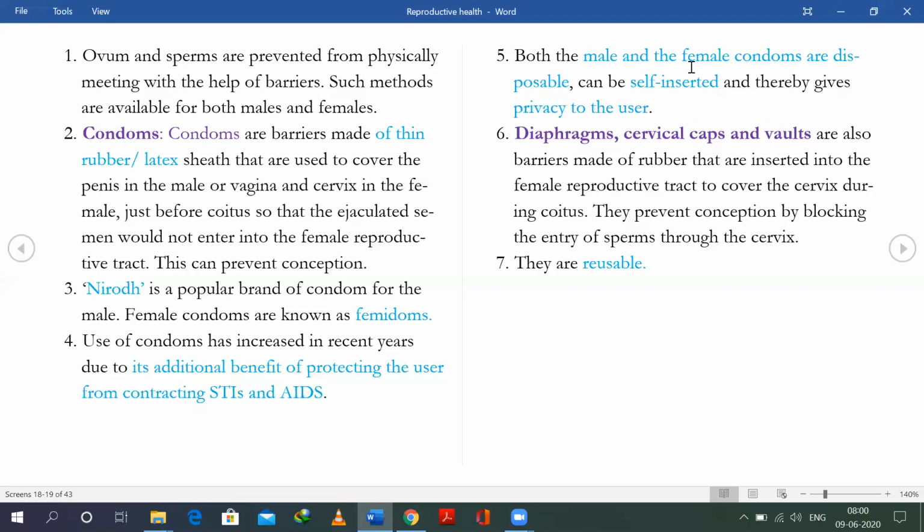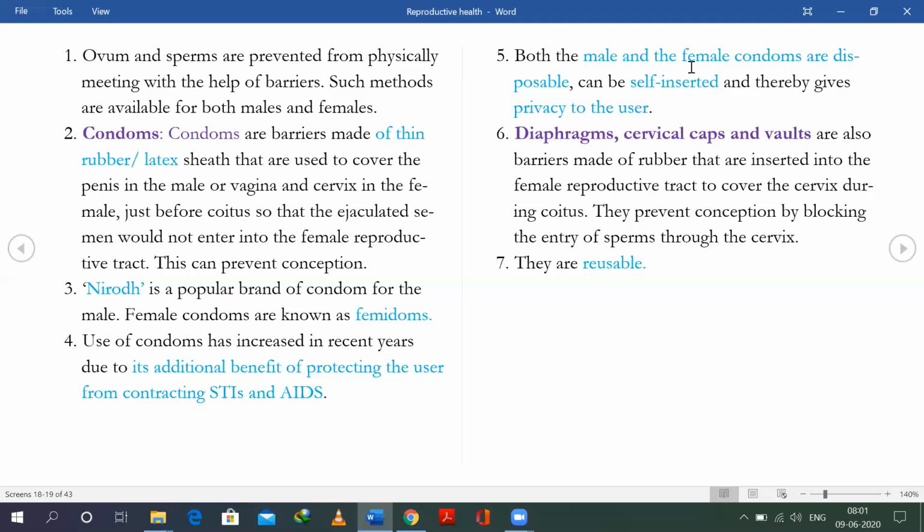We have tried to understand what contraception is, what a contraceptive is, what the function of a contraceptive is, and what some characteristics a contraceptive should contain.